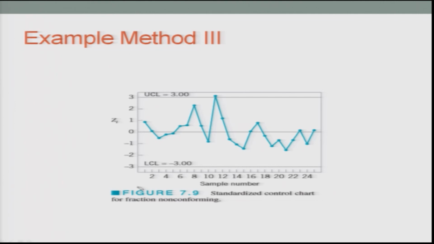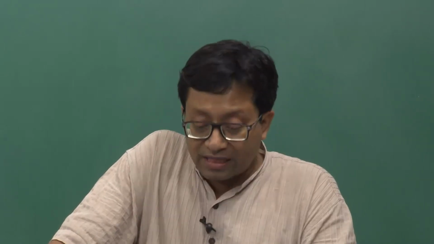In method 3, which we use, as we discussed, if we use the standard control charts for fraction non-conforming, and based on that we draw it, the chart would also be somewhat similar to the P charts. Here the upper control limit and the lower control limit would be plus and minus 3. Why are they plus and minus 3?